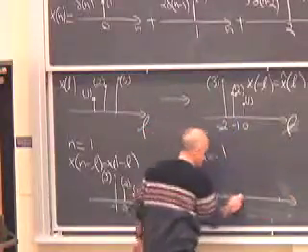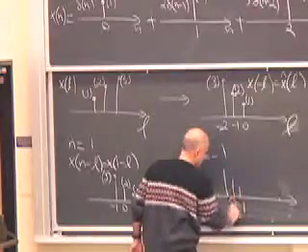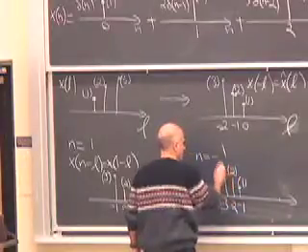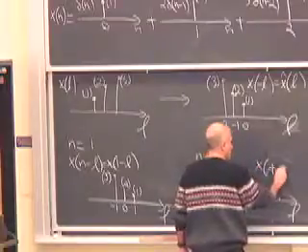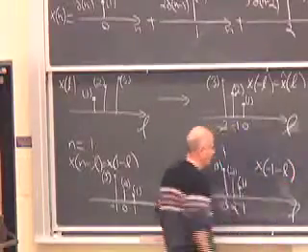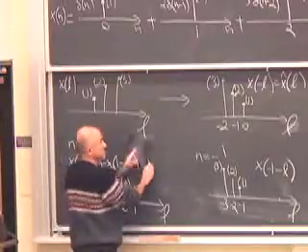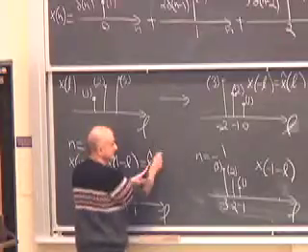And for n equals minus 1, what do I do to this? I go to the left. So I have my 1, 2, 3, minus 1, minus 2, minus 3. So let's say explicitly, this is x hat delayed.